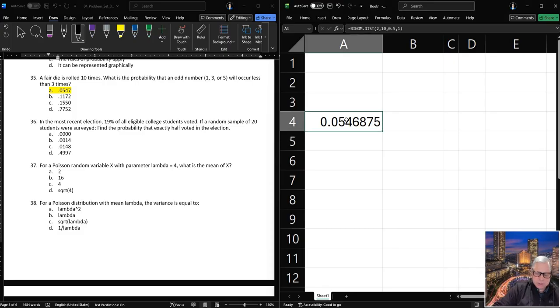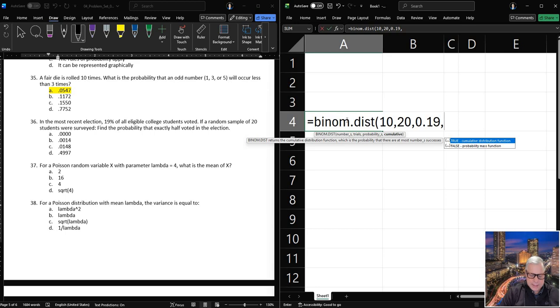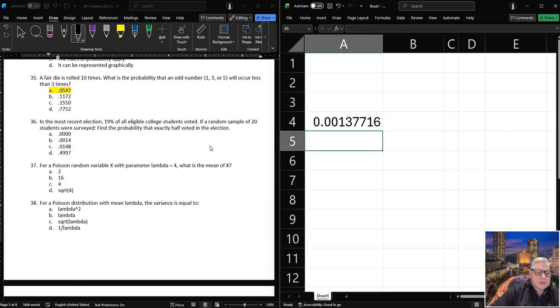So we assume that the probability is still 19%, so we would say equals BINOM.DIST, number of successes 10, trials 20, so we randomly select 10 people. The success probability is 0.19, and it's not cumulative because exactly 10. So that's a pretty small number.